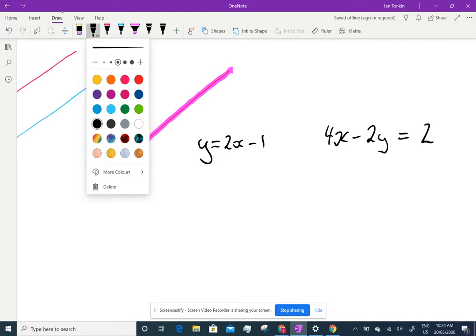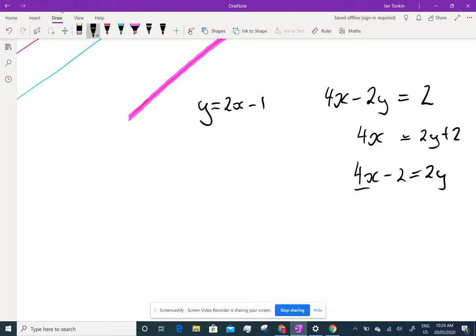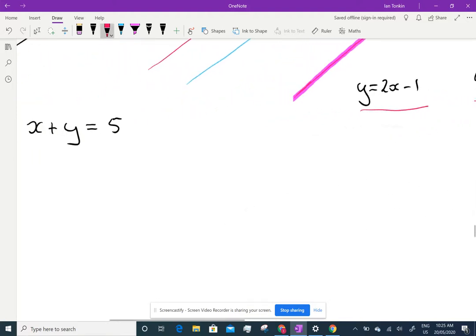Well, let's take that 2y over the other side, and I get 4x equals 2y plus 2. Let's subtract the 2, and I get 4x minus 2 equals 2y. And I'll divide everything by 2, and I'll get 2x minus 1 equals y. So you can have what appears to be two equations, but they're actually the same equation. You just have to do some algebraic manipulation.